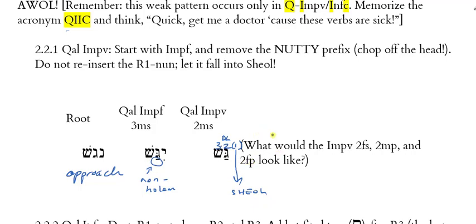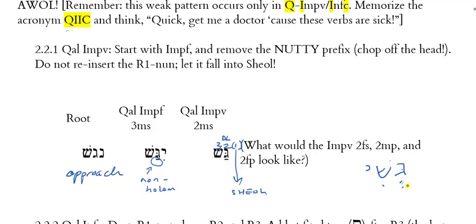It's in the grave. Now, what would the imperative 2fs look like? This is the imperative 2ms in the Qal, gash, which would be approach, okay? The 2fs would be to add the hireq yod to the end, right? So it would become what? Gishi. I'd get reduction of an open pretonic syllable.